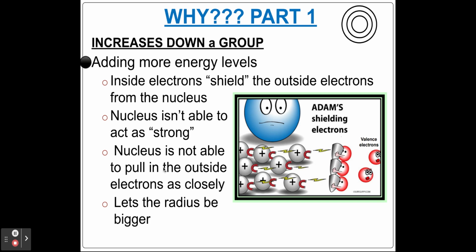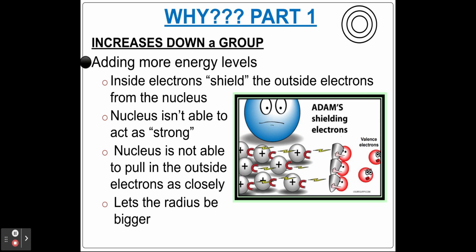So the nucleus is not able to pull in the outside electrons as closely. So therefore, you're going to have a bigger radius.